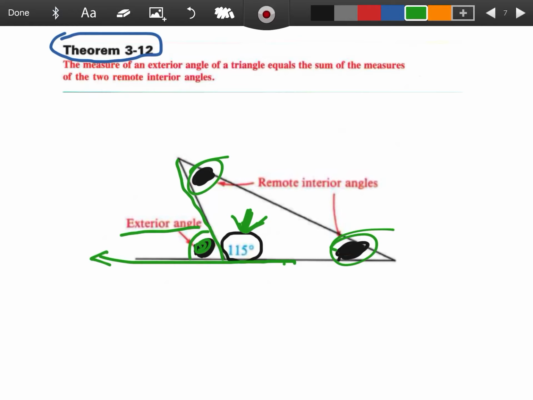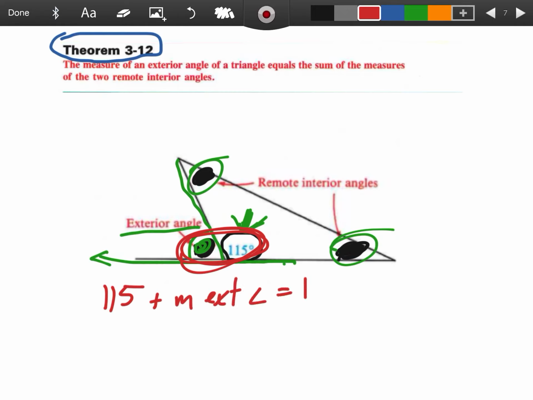But now let's just back it up and let's think about, well, I know that these two angles right here make up a straight line. So 115 plus the measure of that exterior angle has to equal 180. Okay, that's true. They make up a straight line, so they have to add up to equal 180.